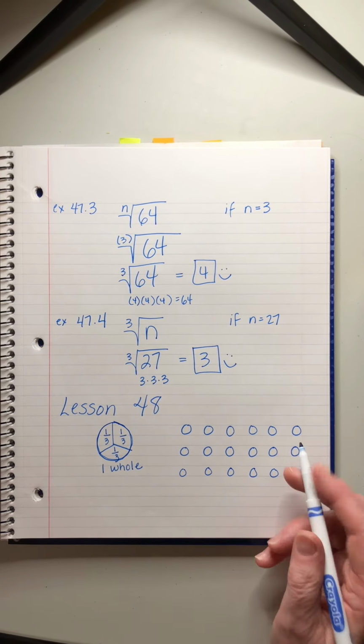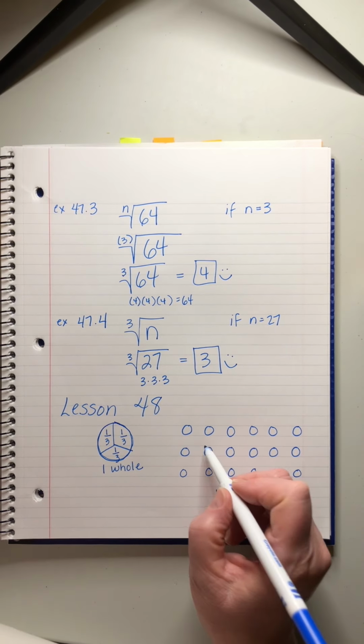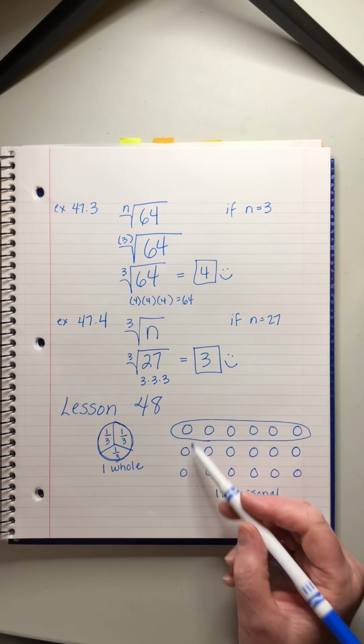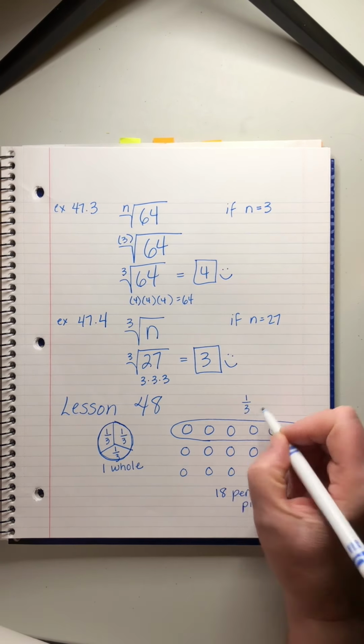And she told you again that you got to have 1/3 of them. Well, I made it really easy to figure out what your share is because I put them in 3 rows. But you would say 1/3 of 18 personal pizzas means I get 6, right? Does that make sense?